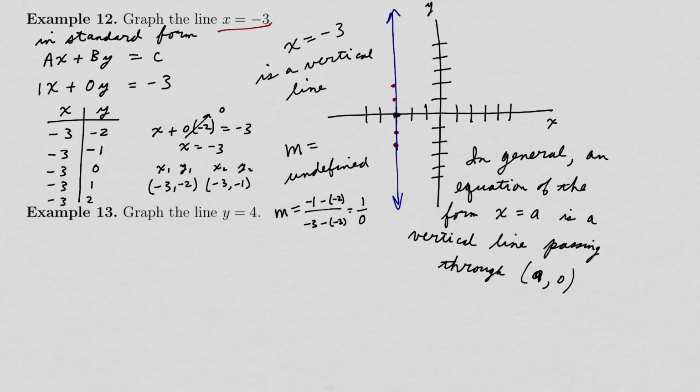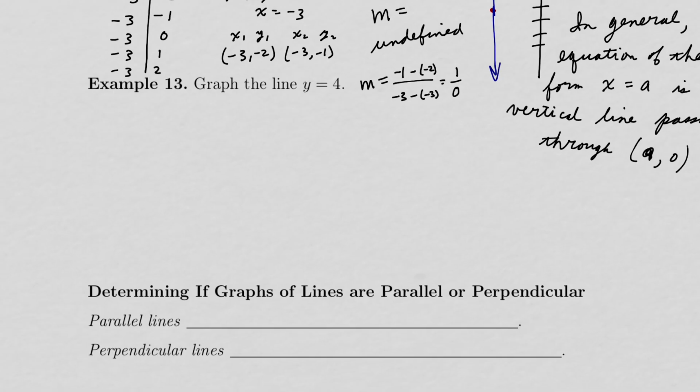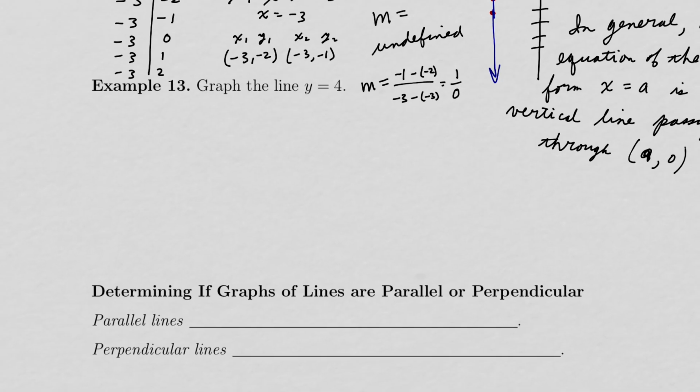Okay, and then there's going to be a similar result for a horizontal line. So if we have the equation, say y equals 4. I'm kind of running out of room here, but let me draw a new coordinate system here. So x, y.